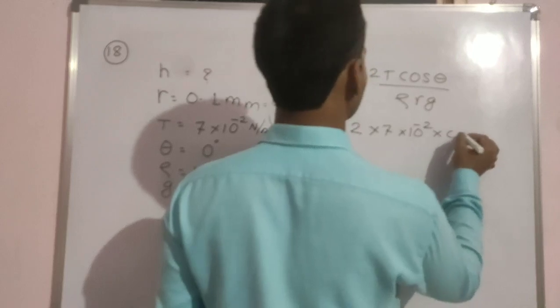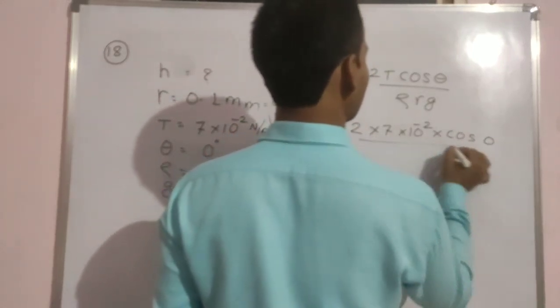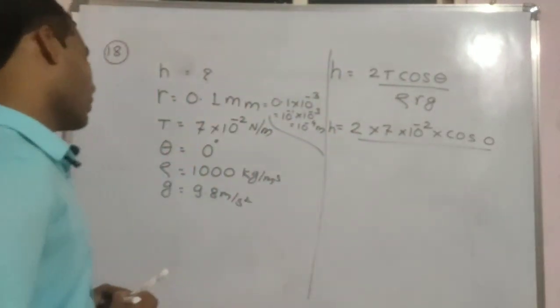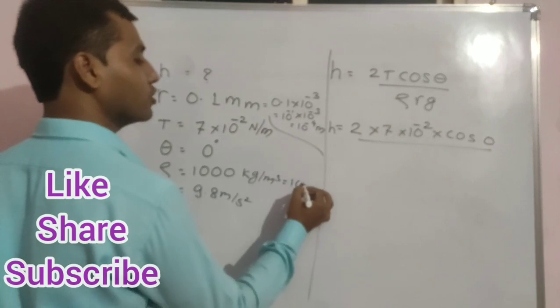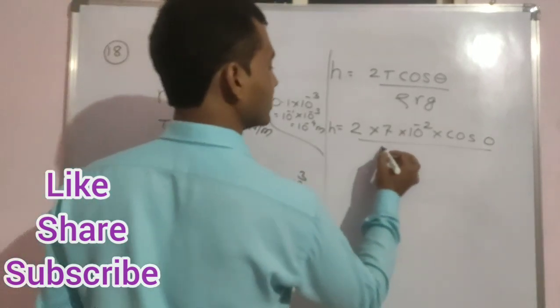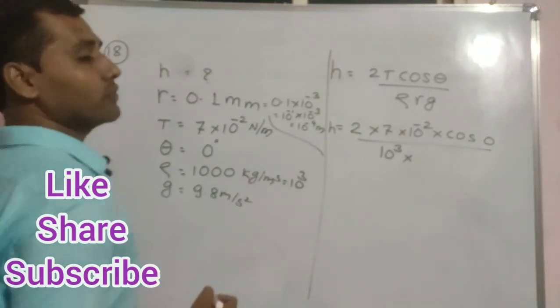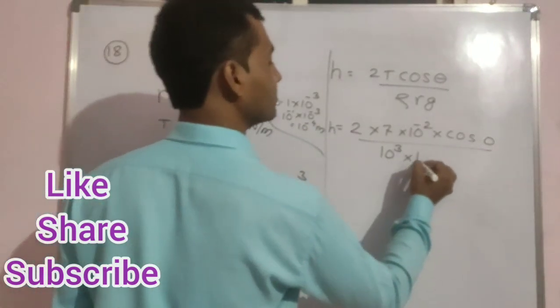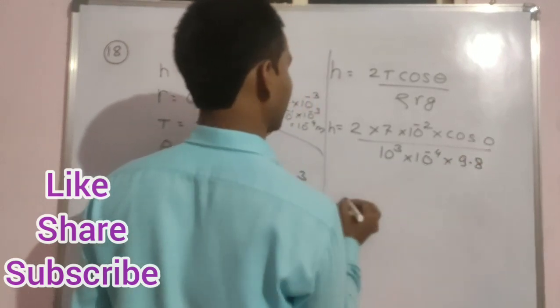Cos theta means cos 0, divided by rho. What is rho here? 1000, which we can write as 10 to the power 3. The radius after converting is 10 to the power minus 4, and the value of g is 9.8.